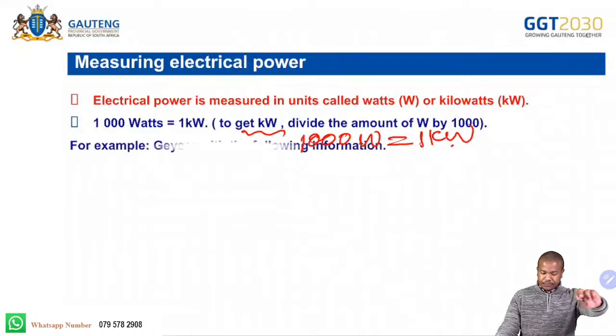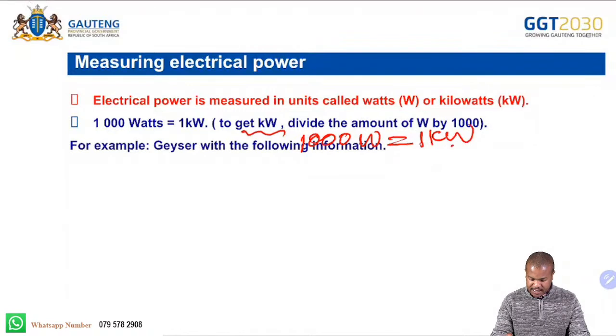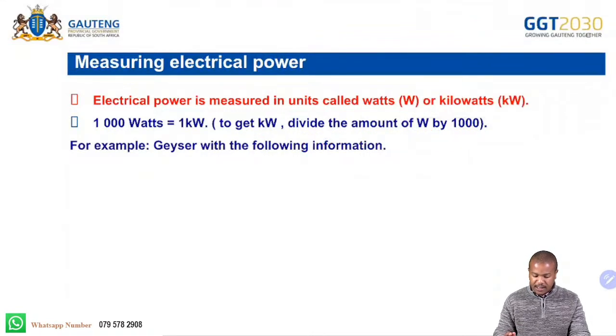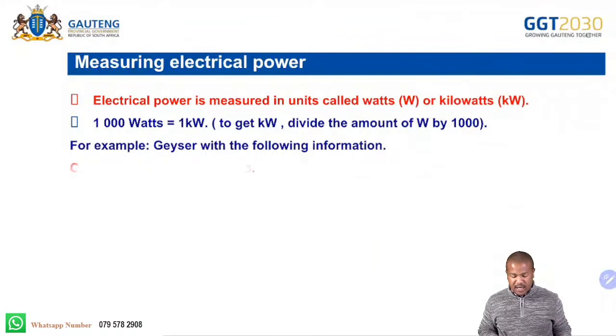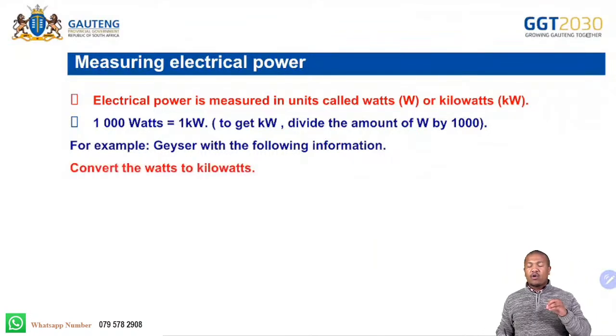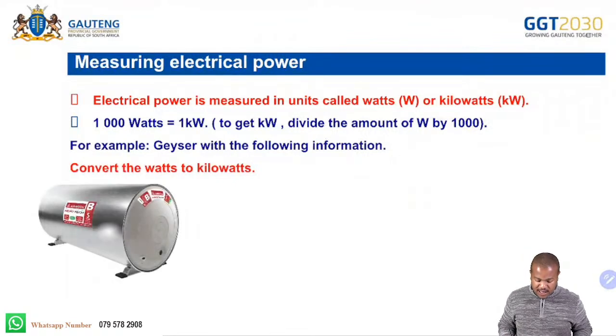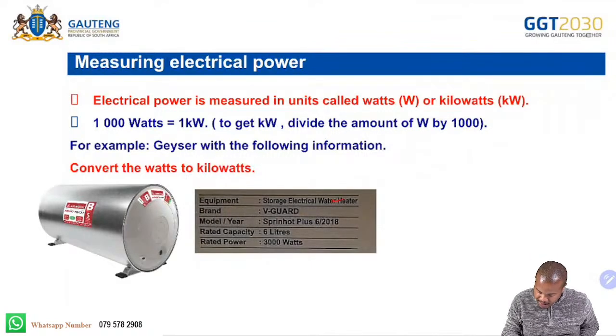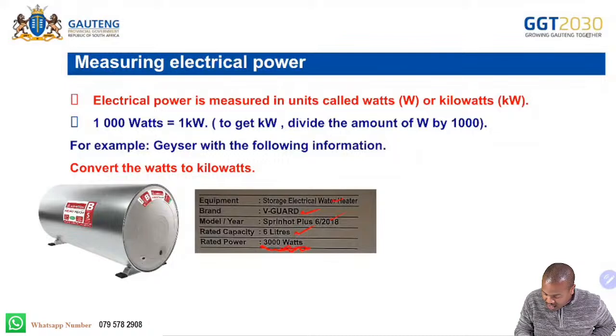Now let's look at an example of a geyser, where we need to convert the watts to kilowatts. Here is the information of the geyser: the equipment, the brand name, the model, the capacity, which is 6 liters, then the rated power, which is what we are looking for.